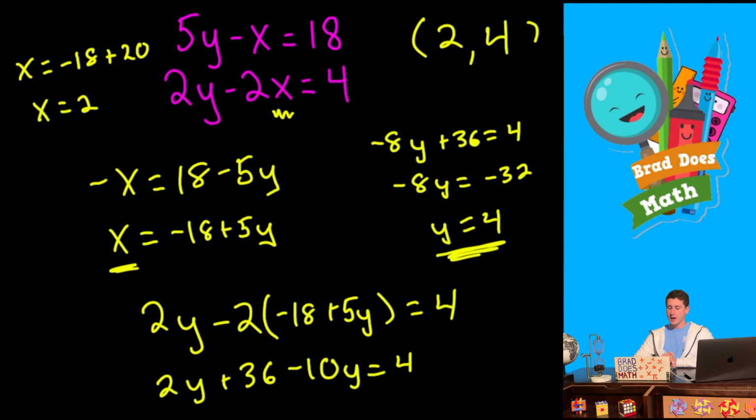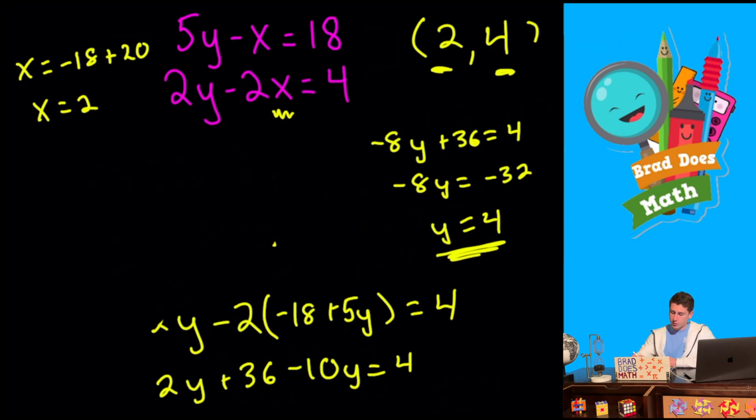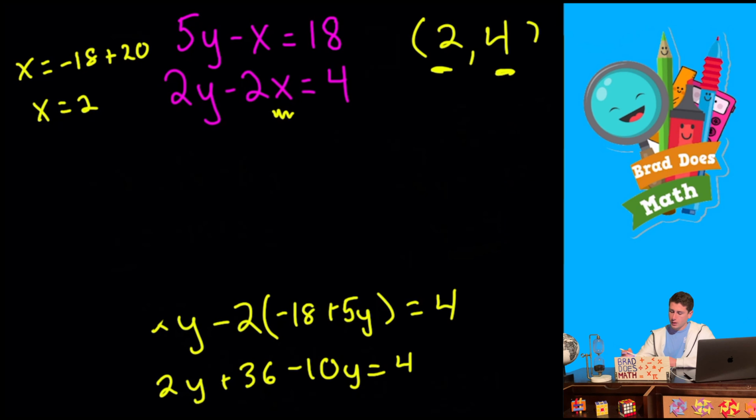Now, to check your answer, I highly recommend plugging your x and your y back into both equations, just like this. So I will leave myself some room here. I will plug in 4 for y, so 5 times 4 in the top equation, minus x, which is 2, equals 18.